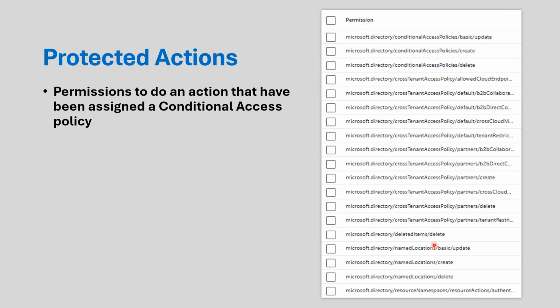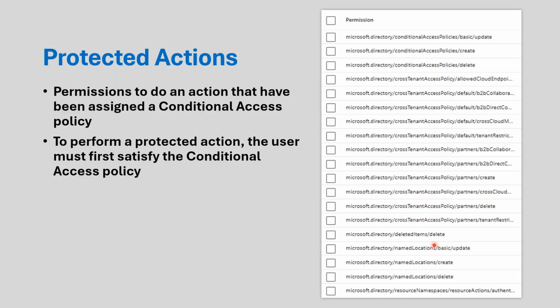And we can put a conditional access policy against these so that you can check again. Yes, I know you just elevated yourself to Exchange Administrator, but you want to delete something. So let's ask again. So this is what this will let you do, is put additional protection on an action using a conditional access policy.